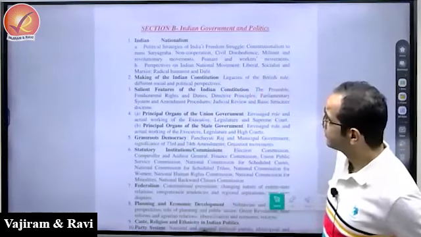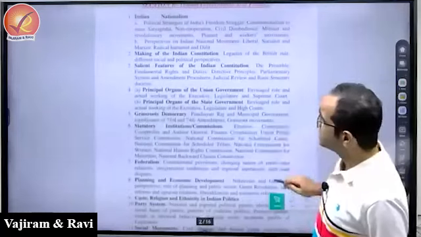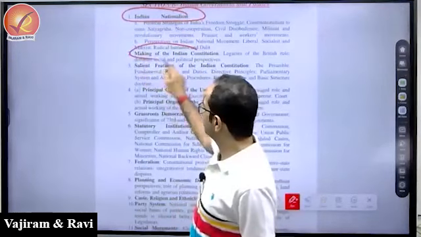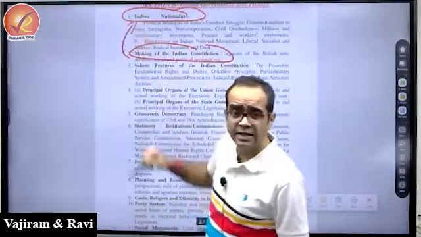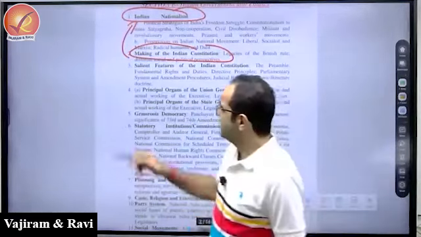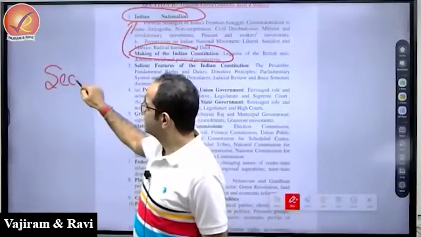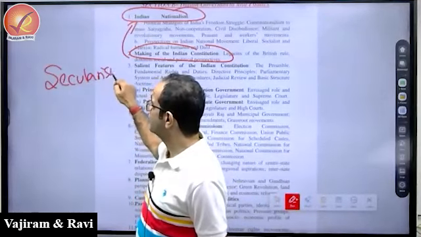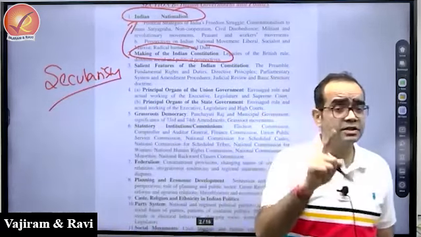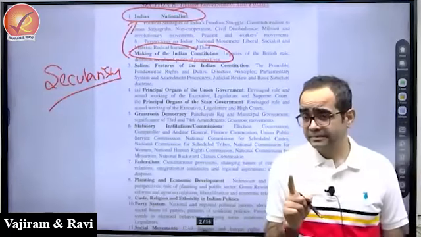And here you can see the syllabus starts with Indian nationalism, because the Constitution was a product of Indian nationalism. For example, the term secularism is included in the Indian Constitution. Why? Because India had rejected the two-nation theory.